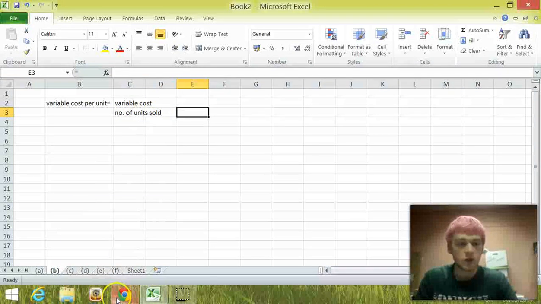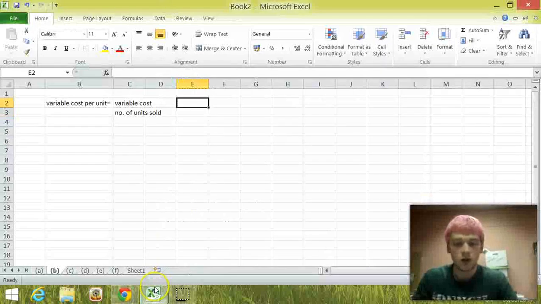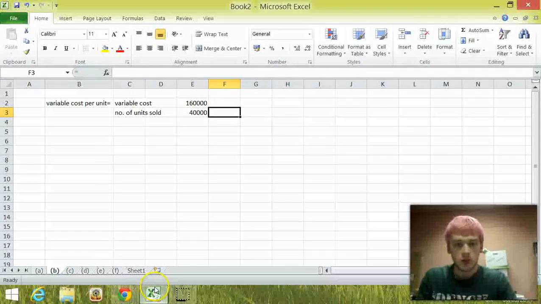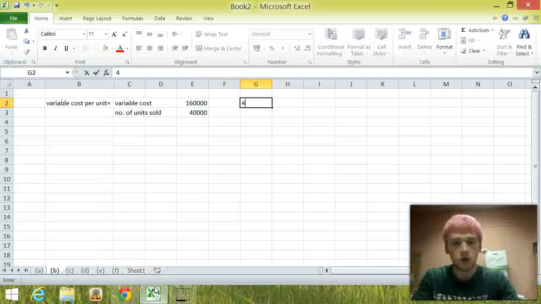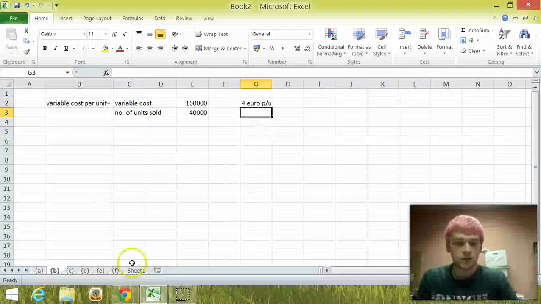Going back to the question, our total variable costs are €160,000 and our number of units sold is 40,000 units. So we have 160,000 euros divided by 40,000 units, and we get €4 per unit. So for every unit sold, it costs us €4 in variable cost.